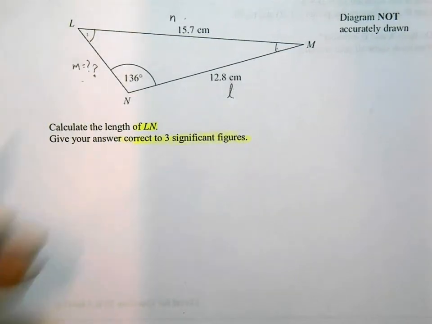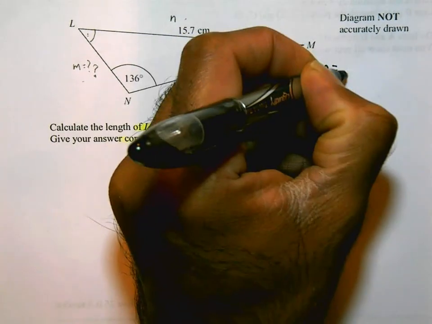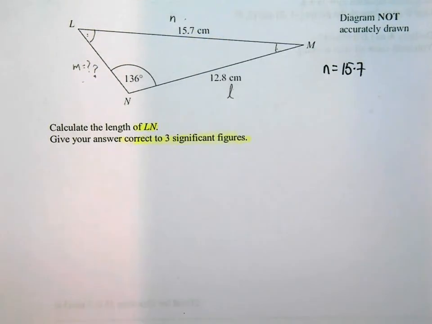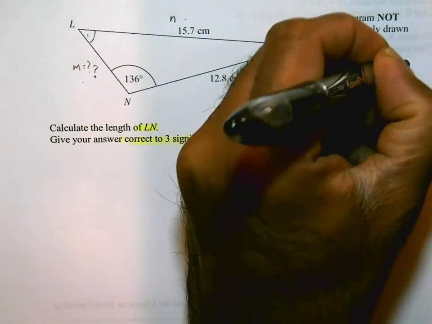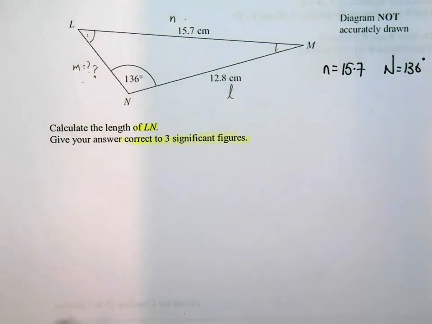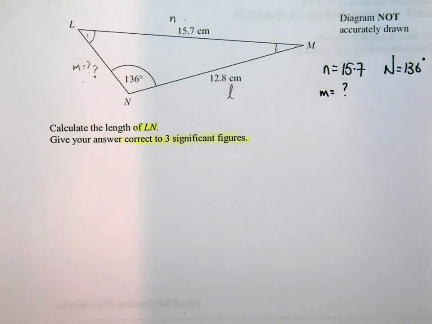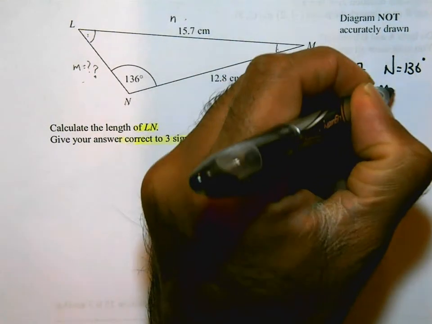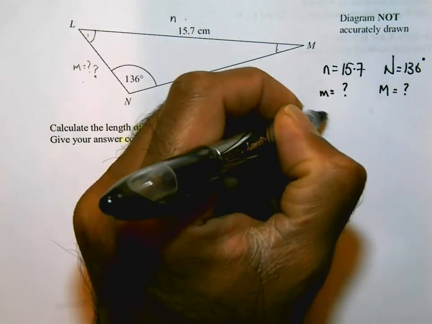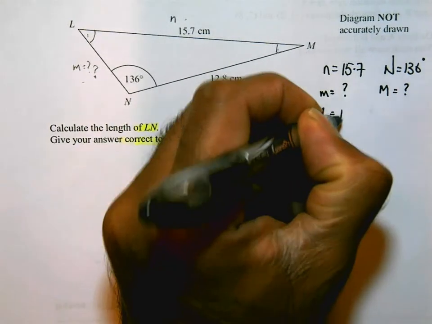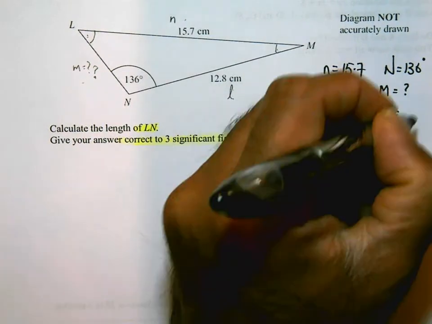I know that N is equal to 15.7 centimeters. And I also know that the angle N is 136 degrees. I know that small m is what I want to find, and big M, I will need to find that as well. I know that small l is 12.8 centimeters, and big L is what I need to find as well.